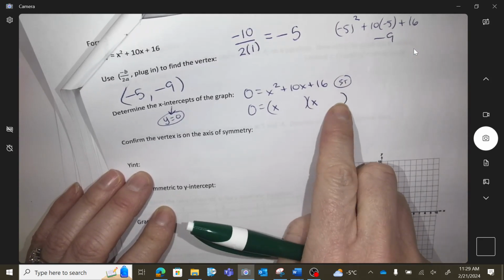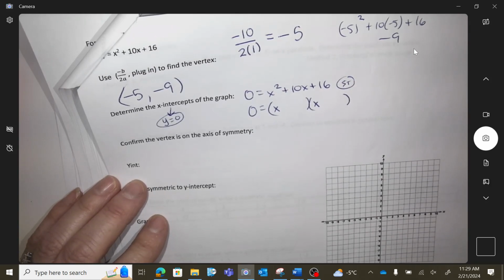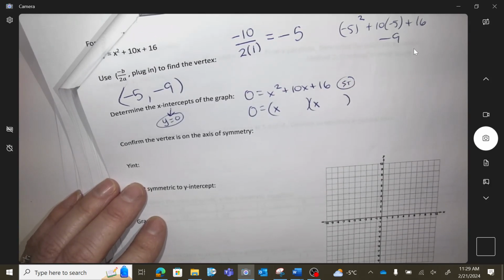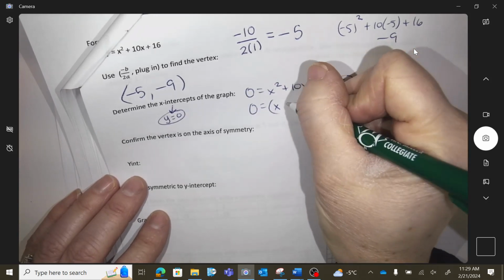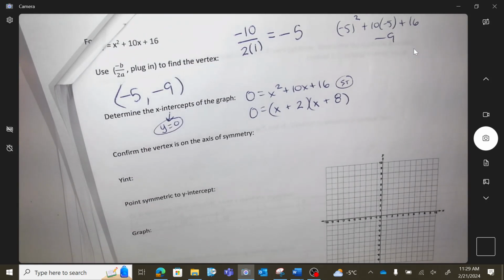Your last times your last multiplies to 16, but then the FOIL will need to add to 10. So multiples of 16 that somehow can also add to 10.